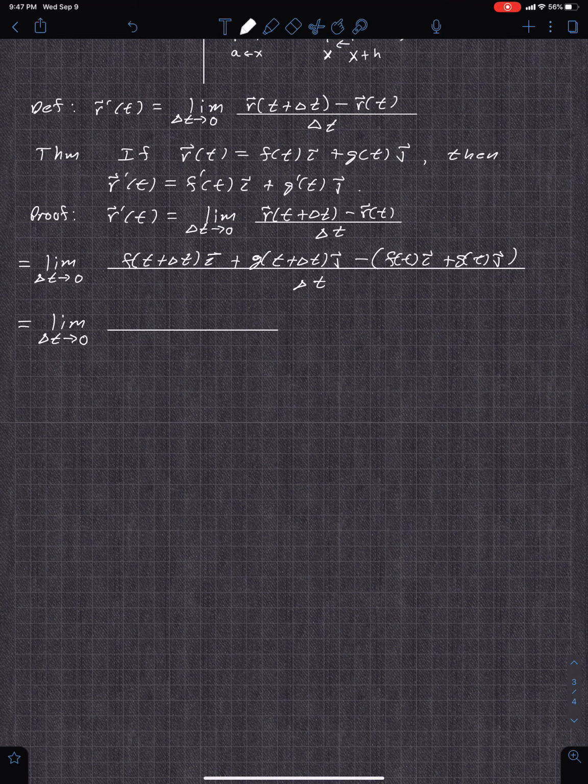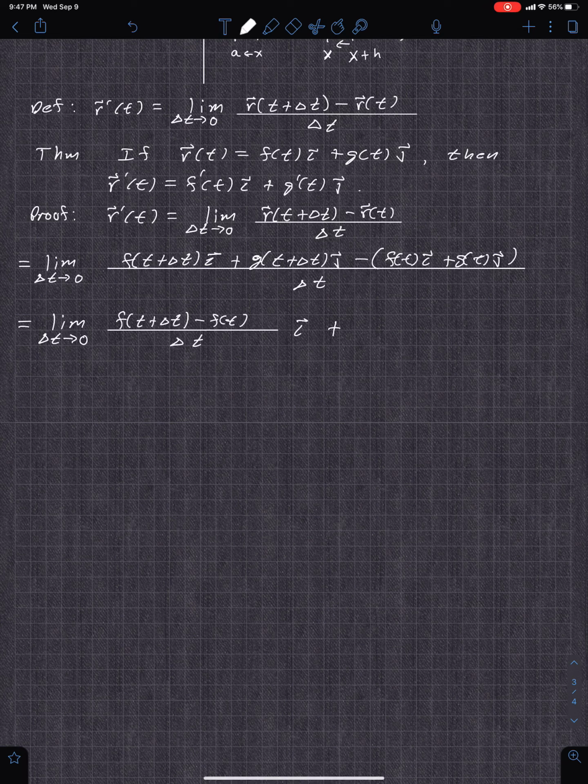We distribute the negative across, put the negative with the f and the g, and then divide by delta t on each term, and you get f of t plus delta t minus f of t all over delta t i.